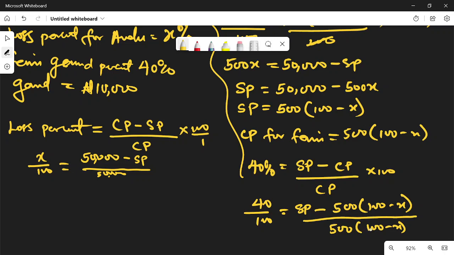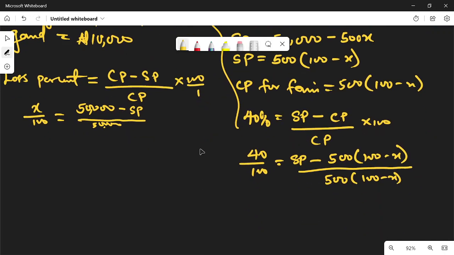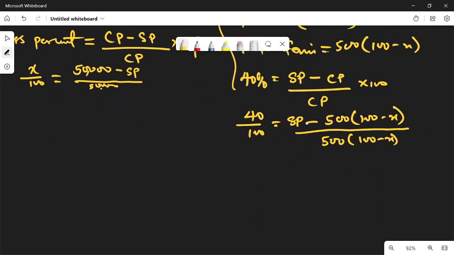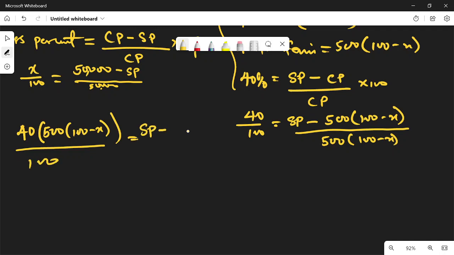So if this should be the case, if I cross multiply here, let me adjust this upward. If I cross multiply, I will have 40 into 500 into 100 minus X all over 100 equal the selling price minus 500 into 100 minus X. So this now will cancel this.